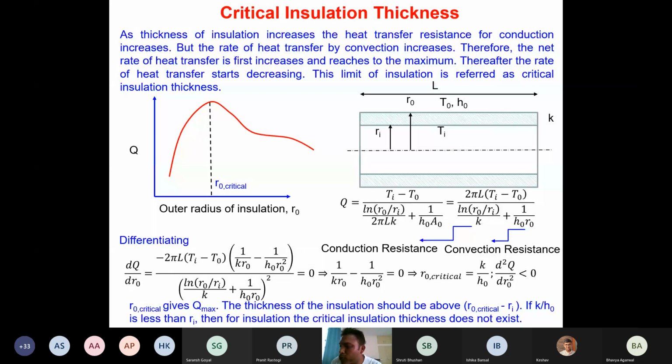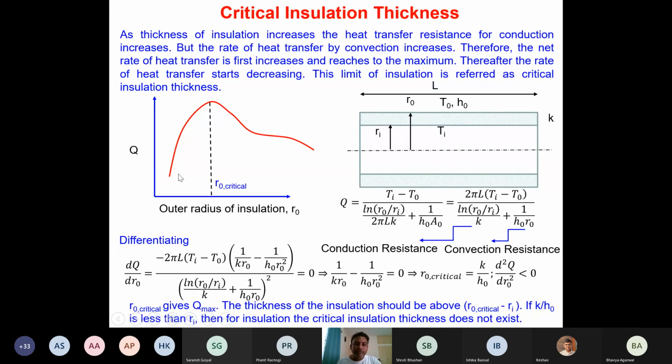As you put insulation around the pipe carrying steam, initially, as you increase the thickness from 0, the rate of heat loss is going to increase instead of decreasing, and it reaches a maximum value and then starts decreasing, something like what is shown here. So initially, as we increase the insulation, the rate of heat loss first increases and then starts decreasing.